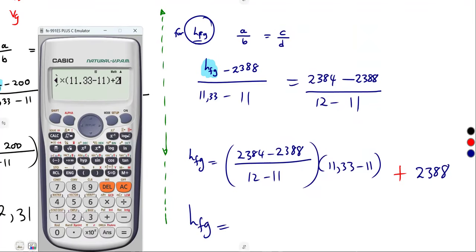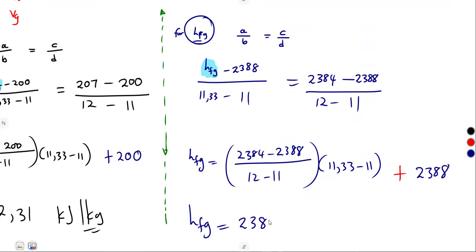So here it was going to be 2388. All right, this bracket is the same here. I have to change the numerator. So here it's all about the numerator, 2384 minus 2388, like that. So this was going to give us 2386.68, right?